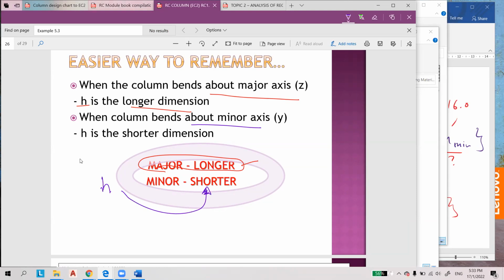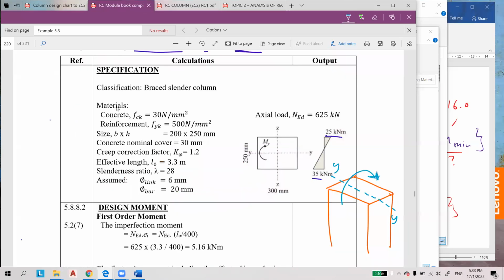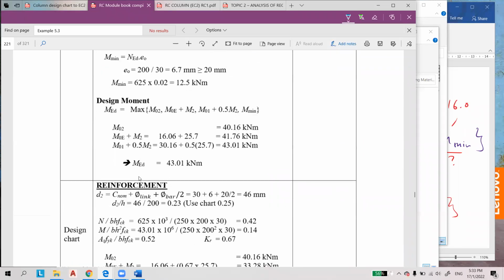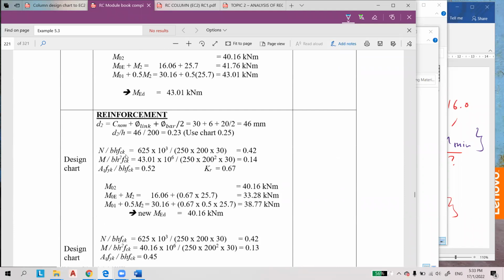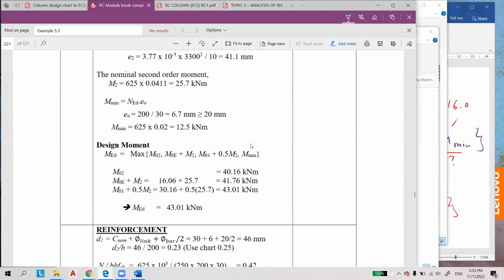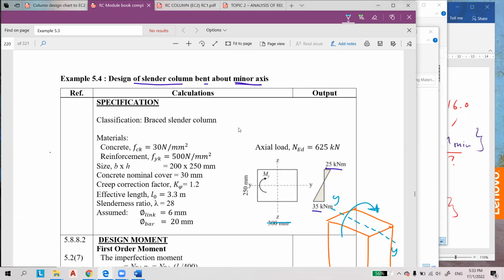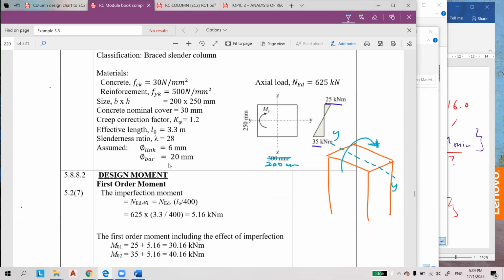Based on my reading, b times h is equal to 250 times 200, so here it shall be 200 mm, and it will bend.